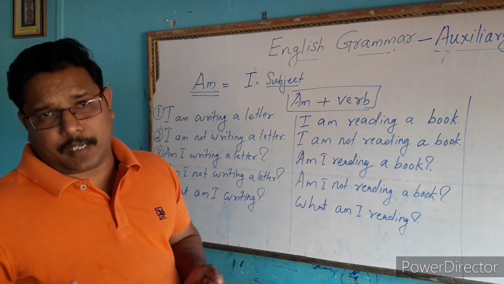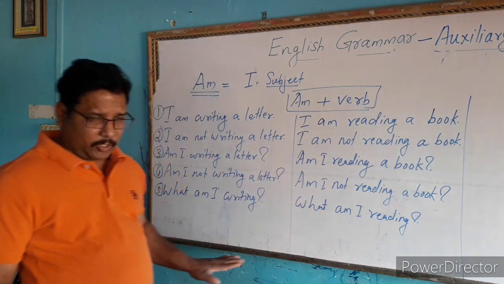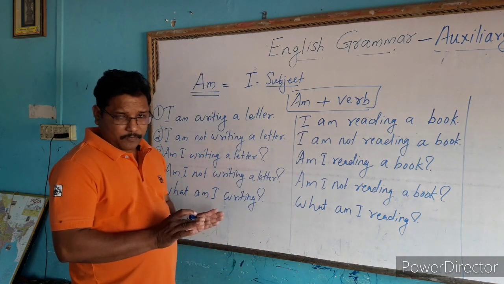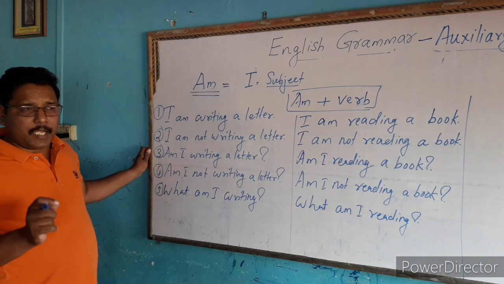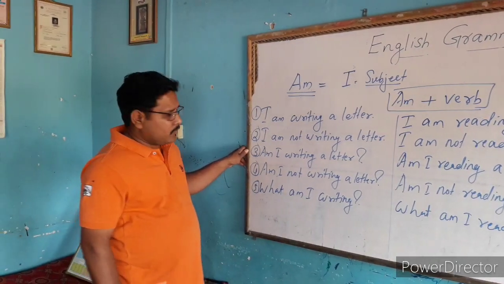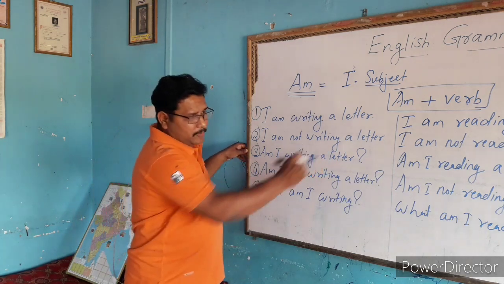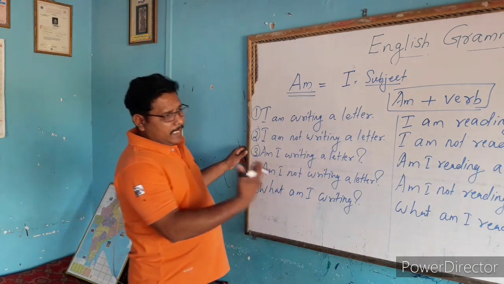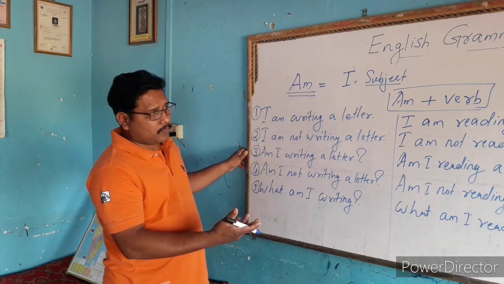See, in these ways we can change this sentence in 5 ways. So, look at the board very clearly and find out in what ways I wrote this. You can write in your copy also, and again and again you can write this sentence.